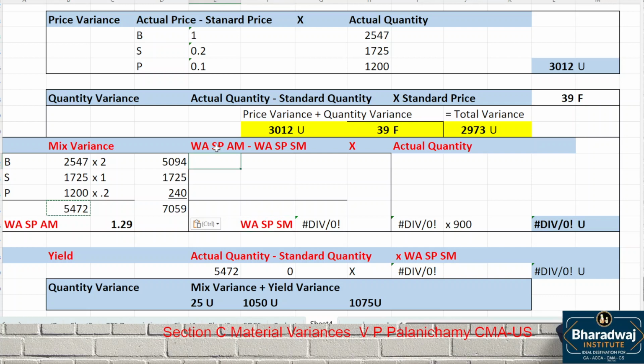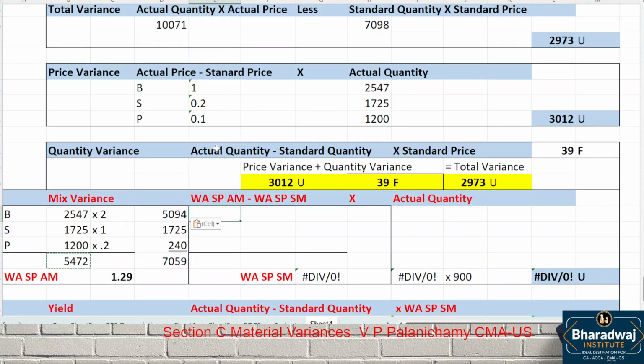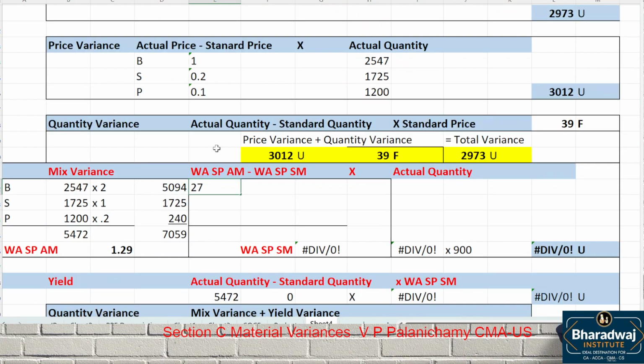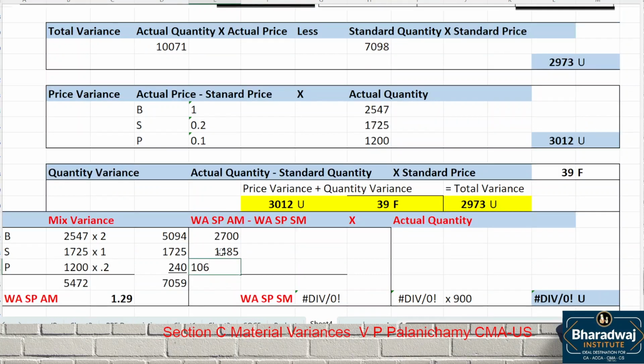Then for standard mix: 2700, 1485, 1065. Multiply with the standard price.